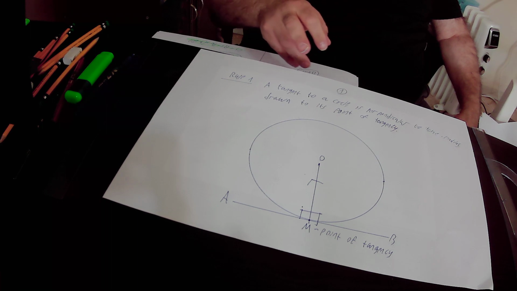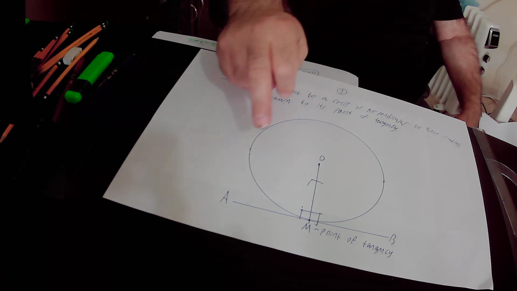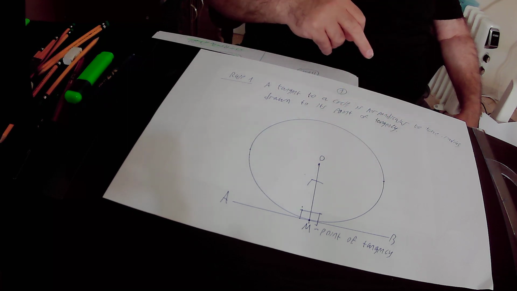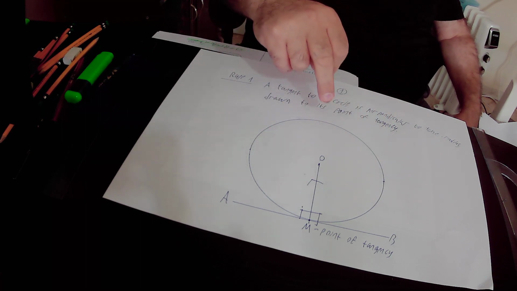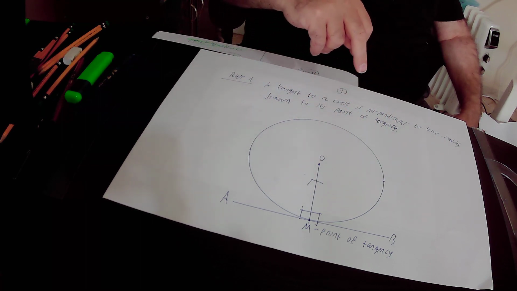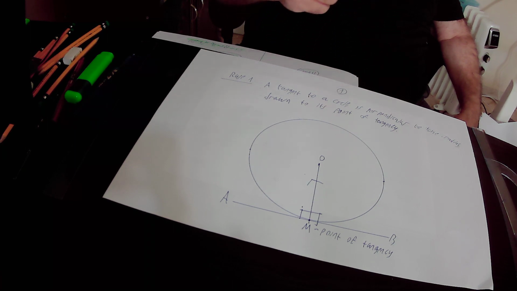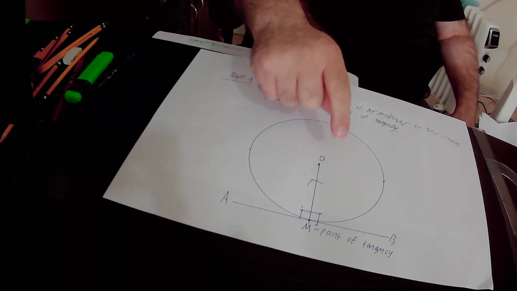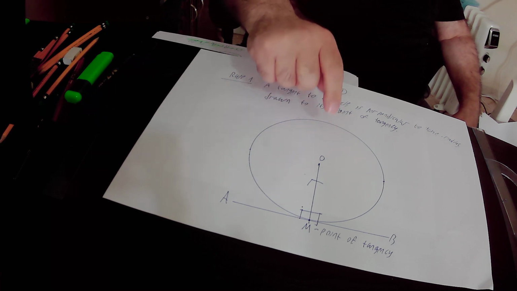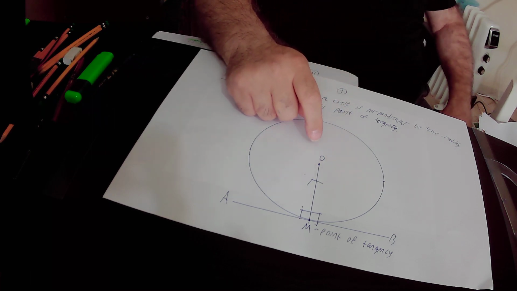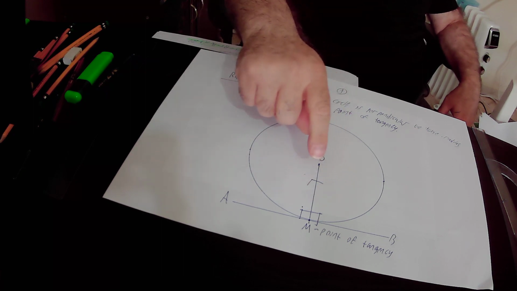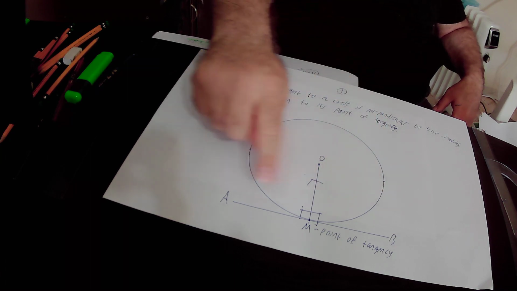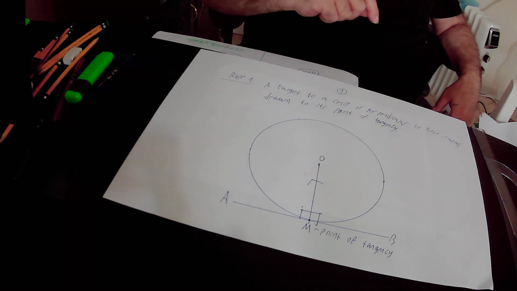And according to rule number 1, a tangent to a circle, that is to say AB, is perpendicular to the radius drawn to its point of tangency. AB is perpendicular to the radius OM whenever the radius OM is drawn to the point of tangency, that is to say it is drawn to point M, that is the point of tangency of tangent AB with this circle.